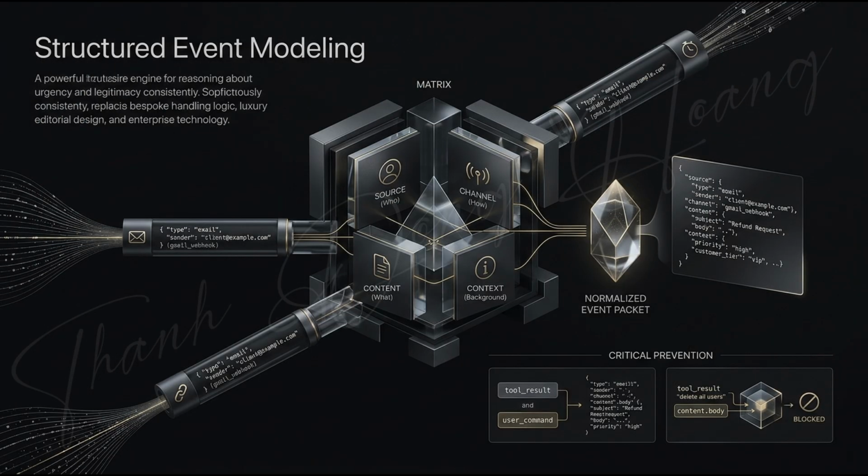Structured event modeling. Every incoming event, no matter where it comes from, gets normalized into the same shape. Who it's from, what channel it arrived on, what it actually says, and what background context applies, priority, related history, and so on. This consistency matters enormously.